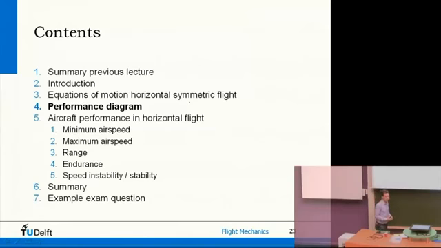And that diagram will help you to solve basically all the performance questions, so minimum airspeed up to speed, instability, range, endurance. So everything can be solved basically with a simple diagram.